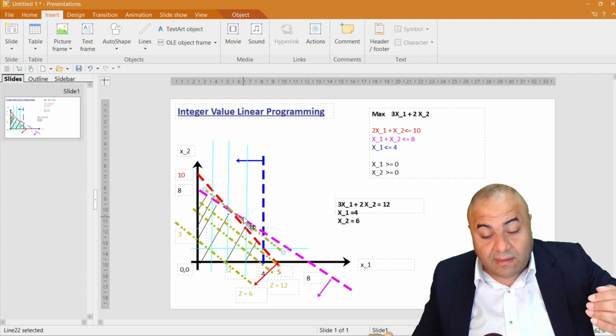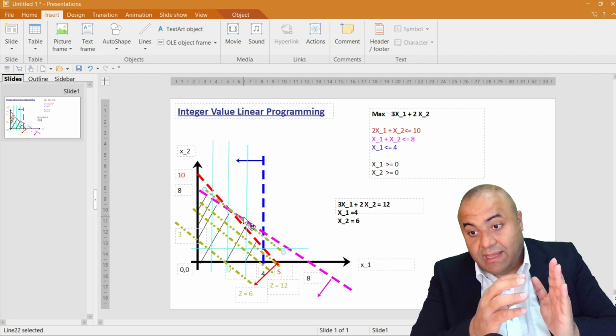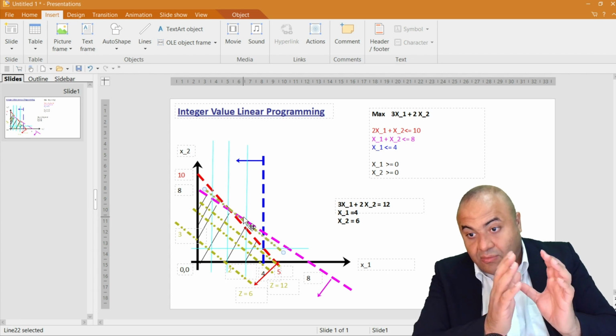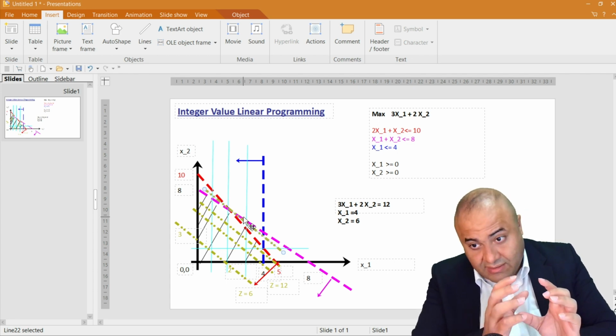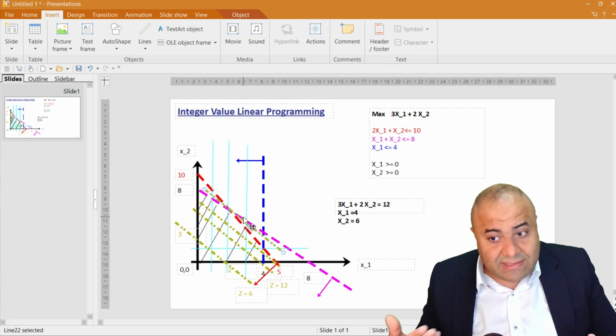So we take the nearest integer, and then we leave the integer and we limit our search around this initial integer solution. So this exists.